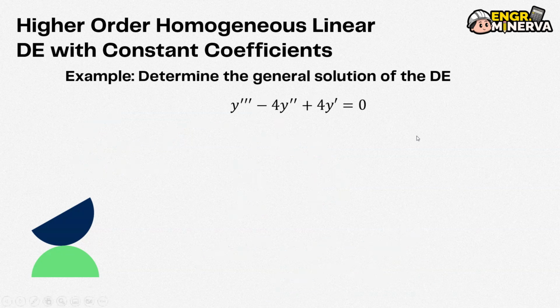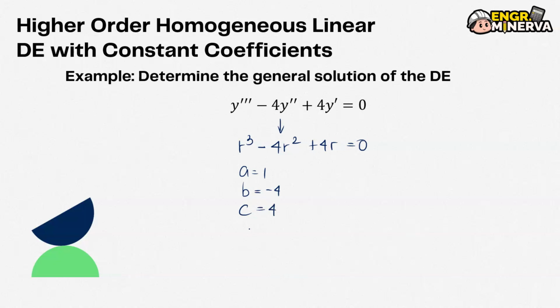Next. So next example, last example, okay? We have r cubed minus 4r squared plus 4r equals 0. The value of A is 1, B is negative 4, C is 4, D is 0.